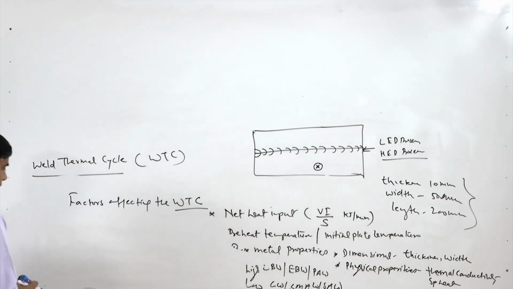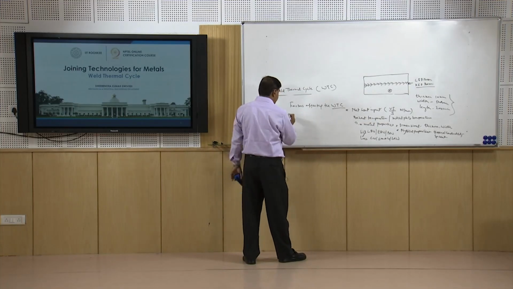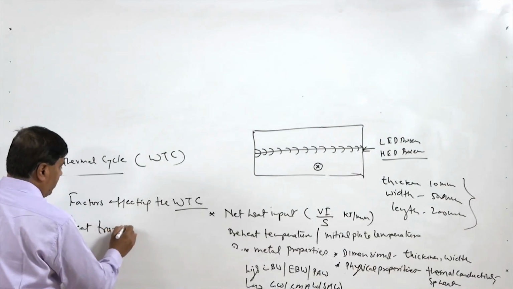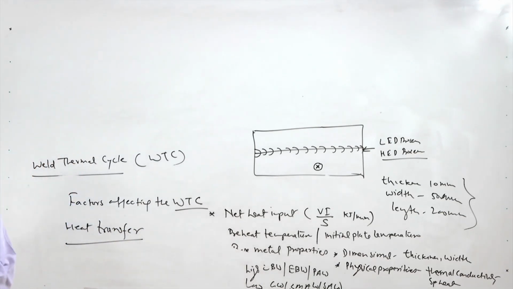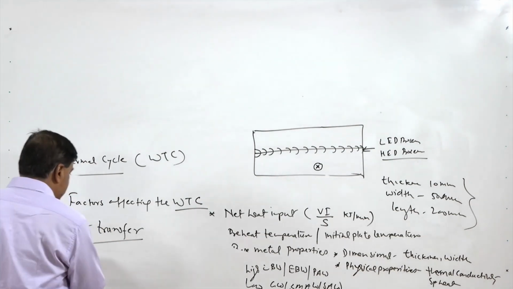The base metal has two aspects, and both are related to heat transfer. We know that heat transfer from the fusion zone affects the rate at which heat will be extracted from the weld area wherever heat is supplied.